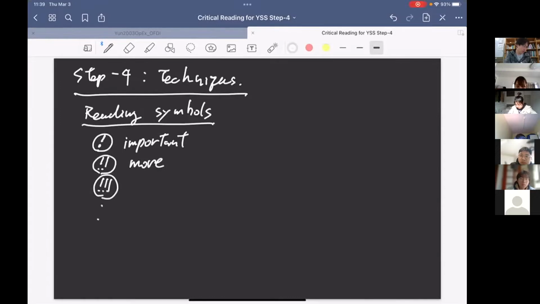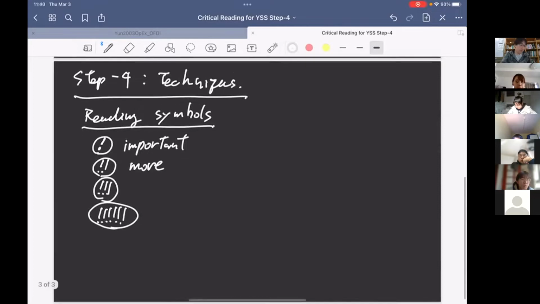And sometimes I'm also using this. By this, you can make a focus. And also, when you read the paper again, you can easily find out which parts you need to read carefully again.